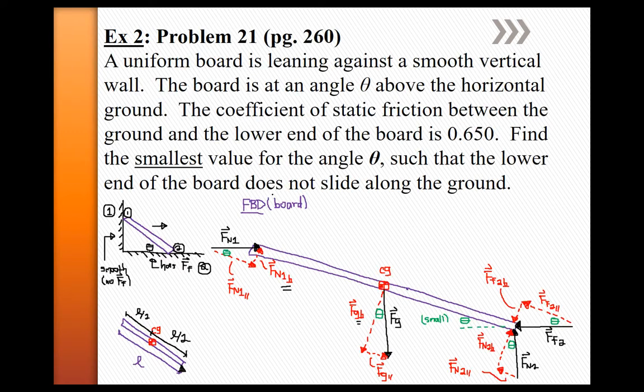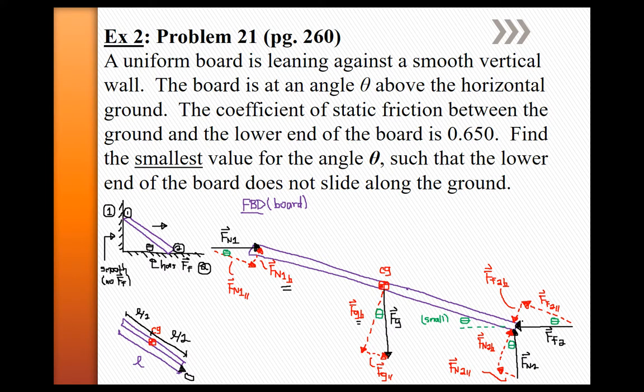What about the other two? How much torque do Ff2 perpendicular and Fn2 perpendicular generate about the right end? Nothing, because there's no lever arm. There's no distance from the pivot point I've chosen, which could be point O, to these two forces. That's why I chose the right end, because it's hiding two forces.